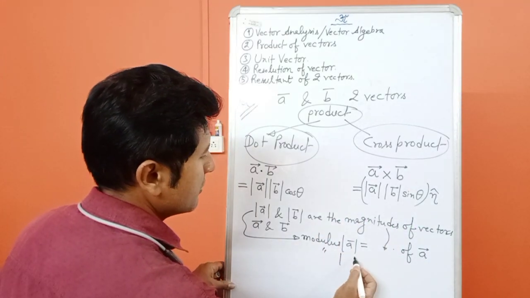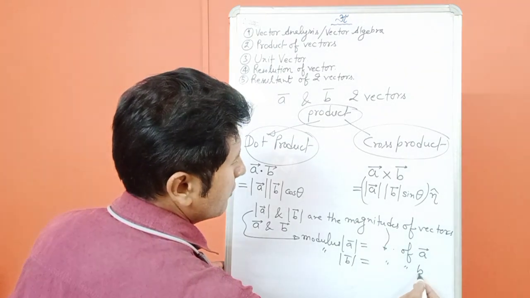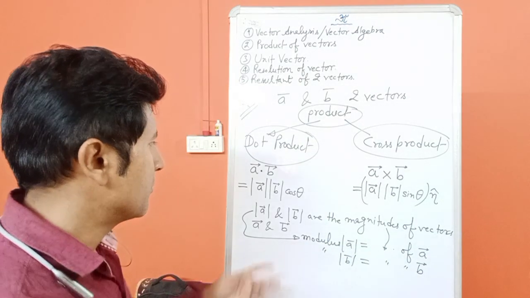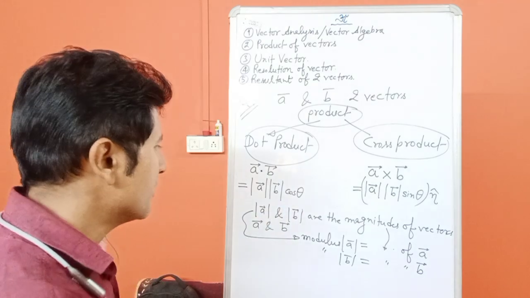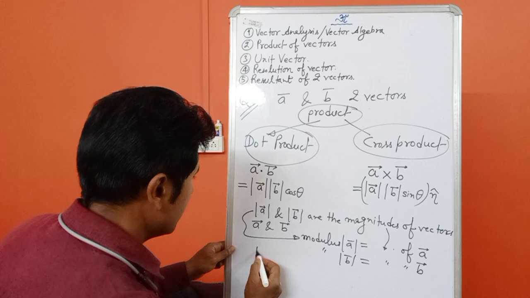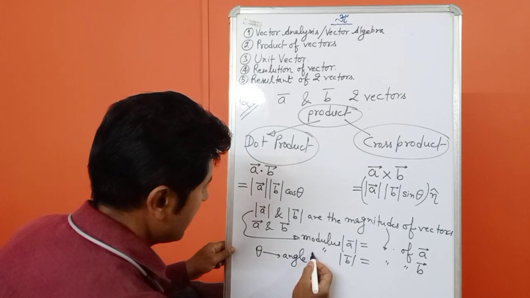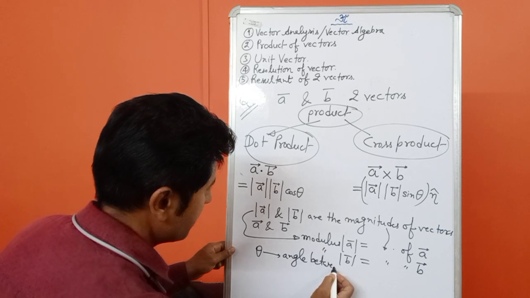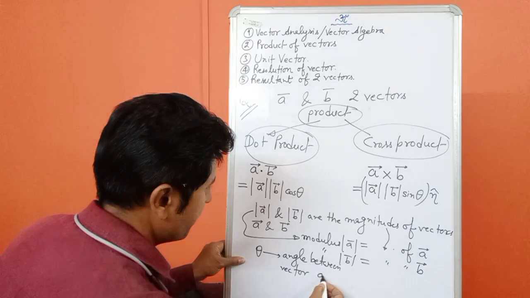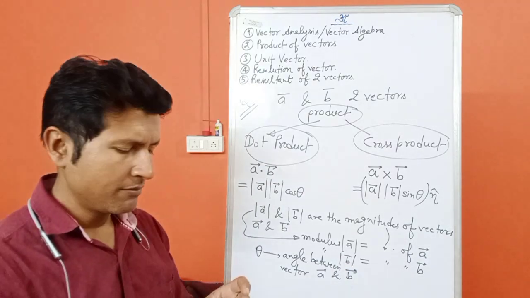And modulus B is equal to, of course, the magnitude of vector B. Are you getting? Right? And theta is the angle between vector A and vector B, right?